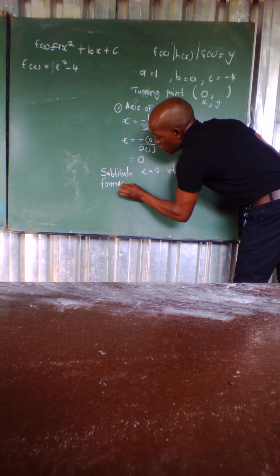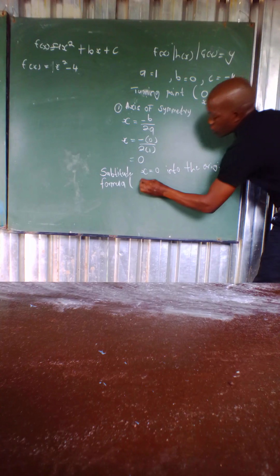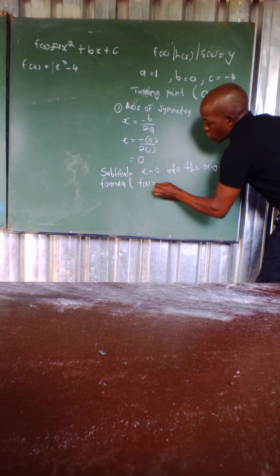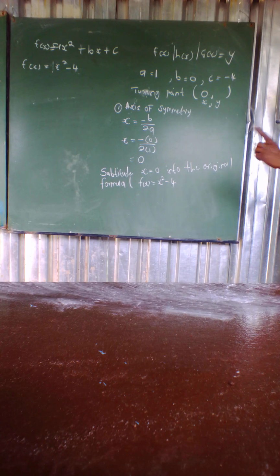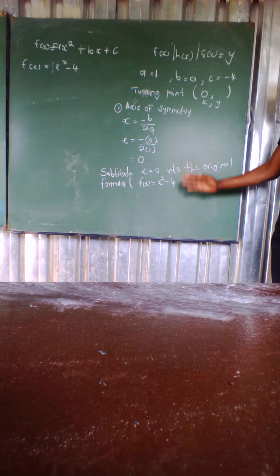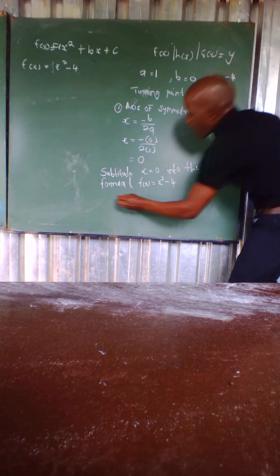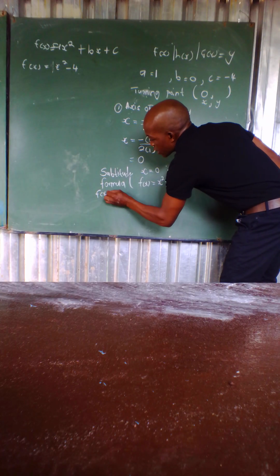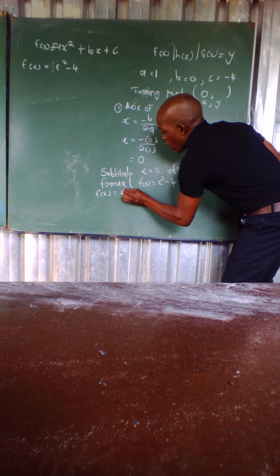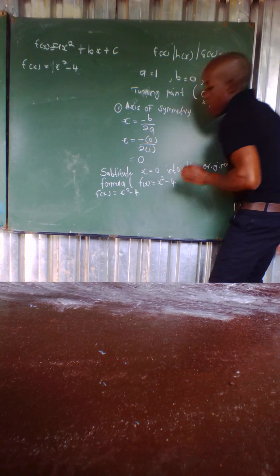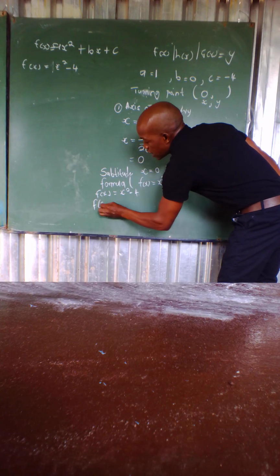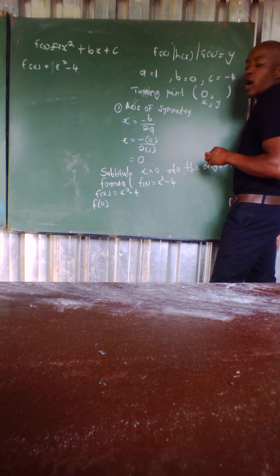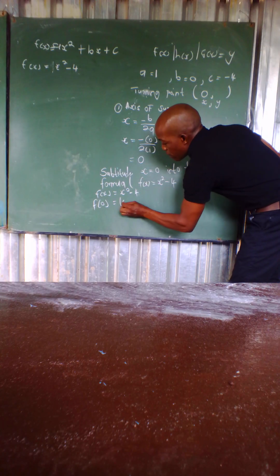Now, what was your original formula? You came across f of x equals x squared minus 4. When you are going to substitute the value of x into this formula, you will start by writing f of x equals x squared minus 4. Now, you are going to say f at 0, because you are substituting 0.